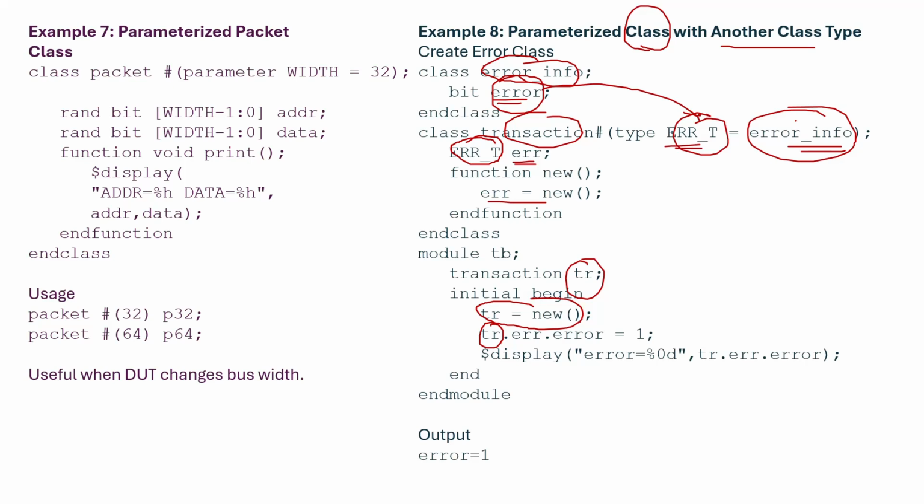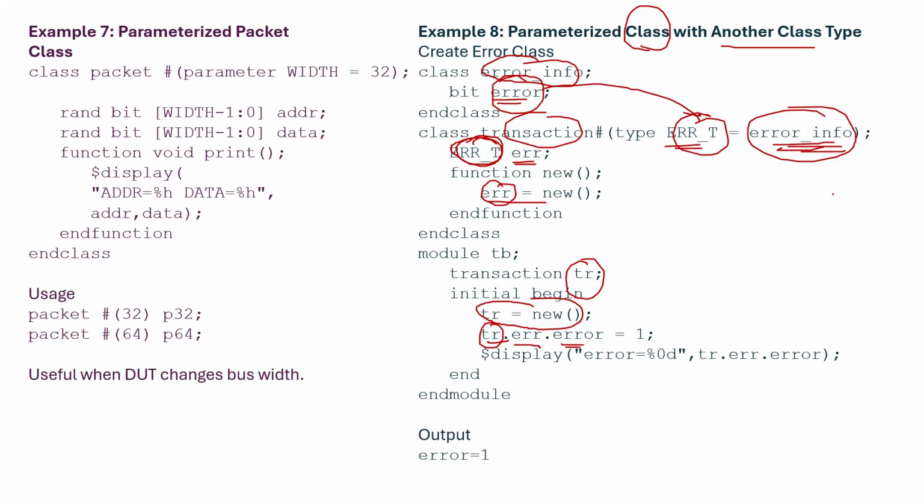Clear? Then you can call the error by using the transaction handle and error, after that the error class. So error is the handle of this one, and this is the handle for error info. Based on that only we can call the error data type. That is the value we got.